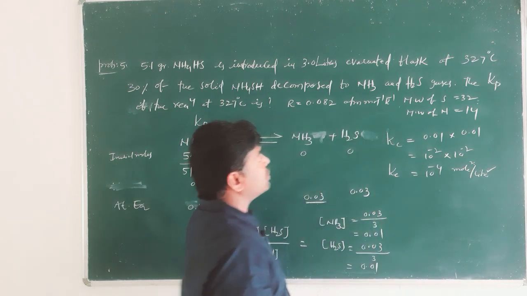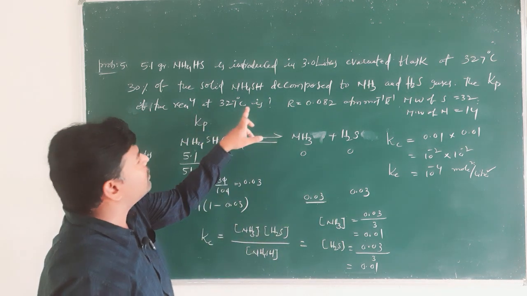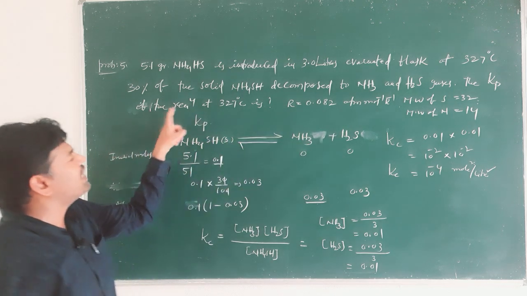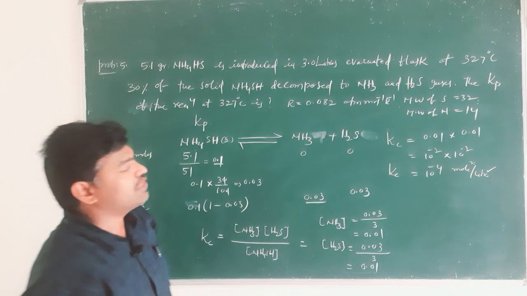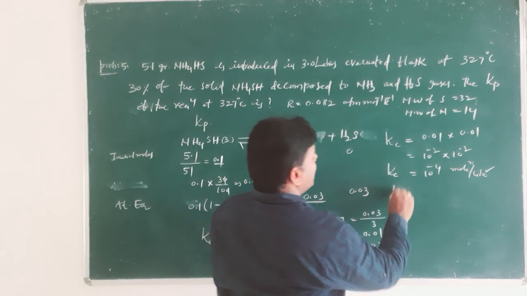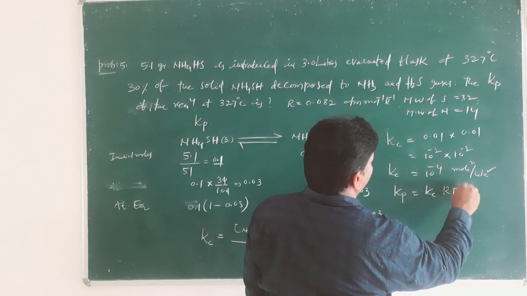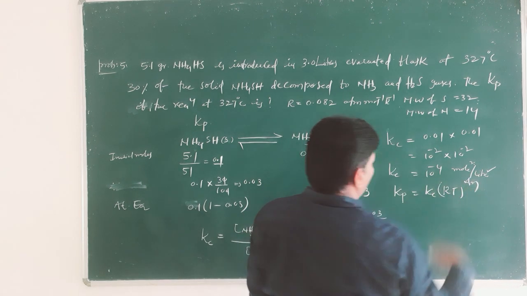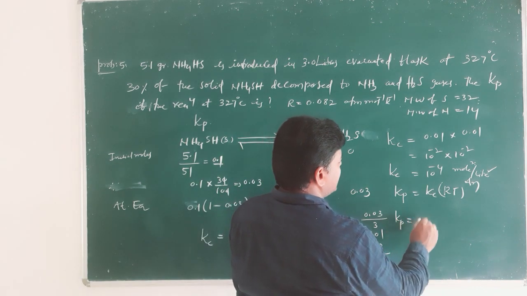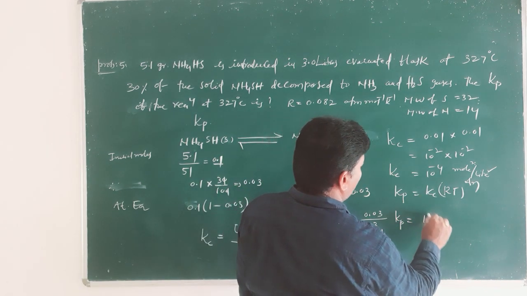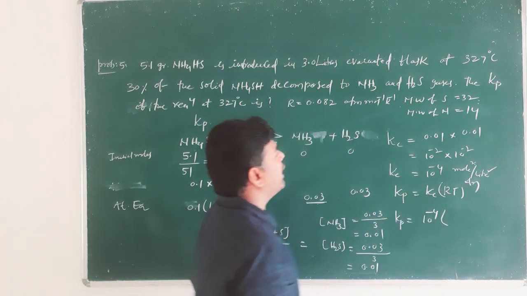But they asked to calculate the Kp value, the Kp of the reaction at 327 degrees centigrade, and they gave the R value also. We know the relation between Kp and Kc. Kp is equal to Kc into RT power delta n. So, Kp is equal to Kc, which is 10 power minus 4, times R. R is 0.082.